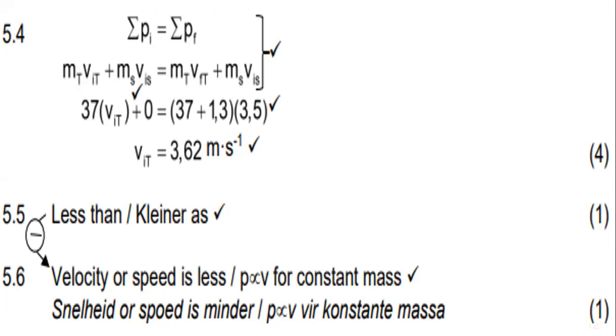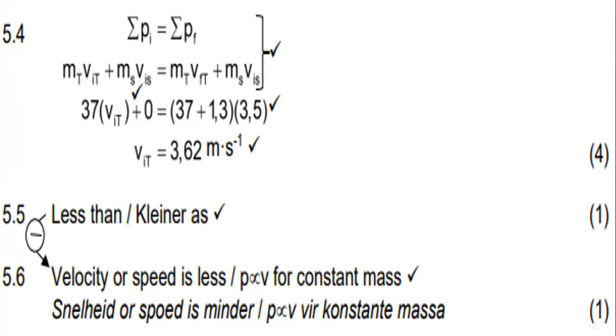Right, so it must be very clear. The mass here, my learners, was constant. So mass had no effect on the momentum. The velocity or the speed in this case had an effect on the momentum. Before the collision, before jumping onto the skateboard, we had a higher velocity. After jumping onto the skateboard, we had a smaller velocity.